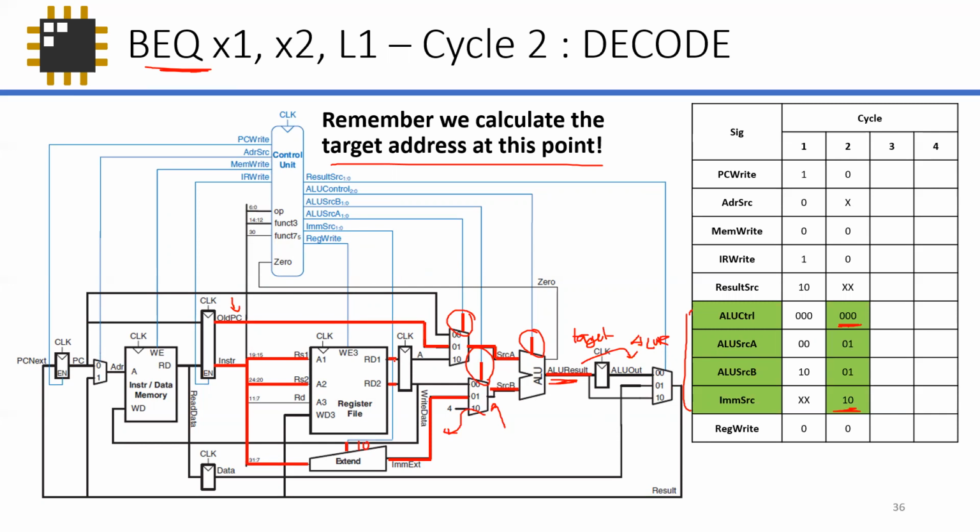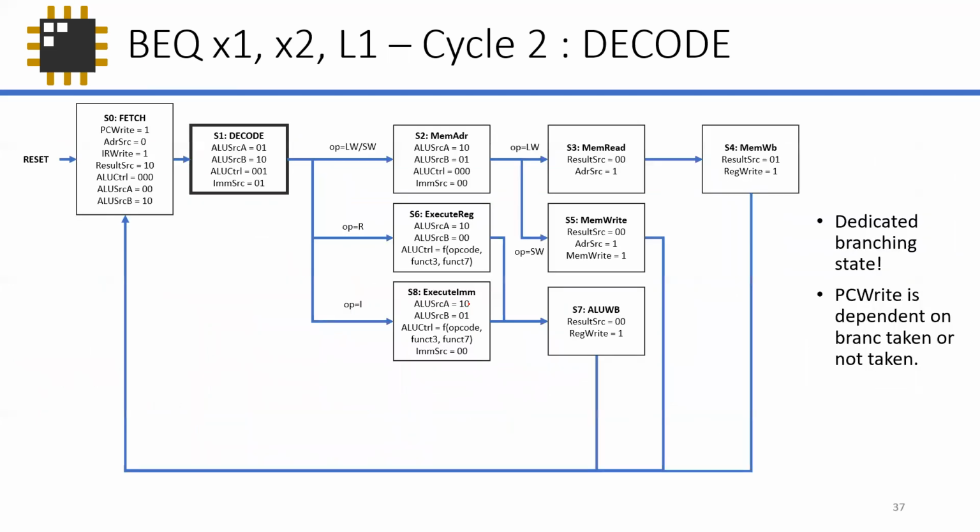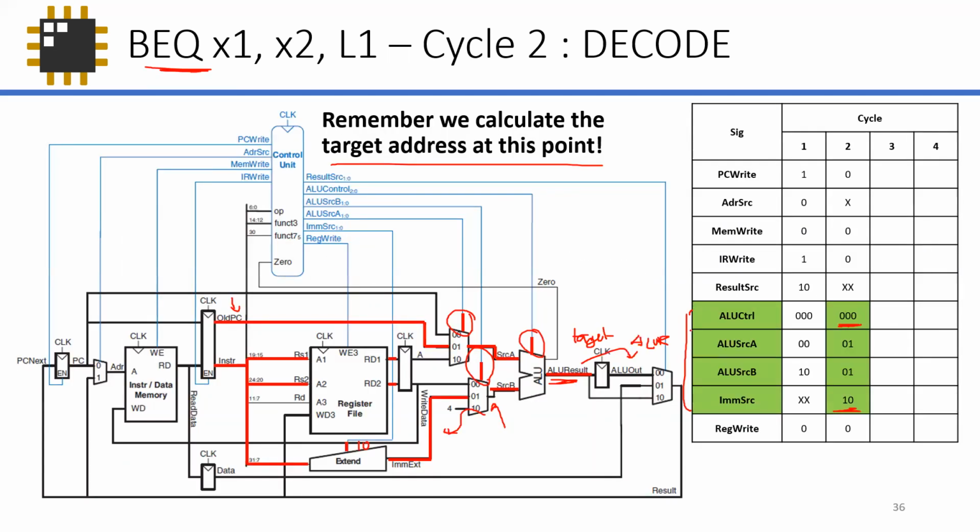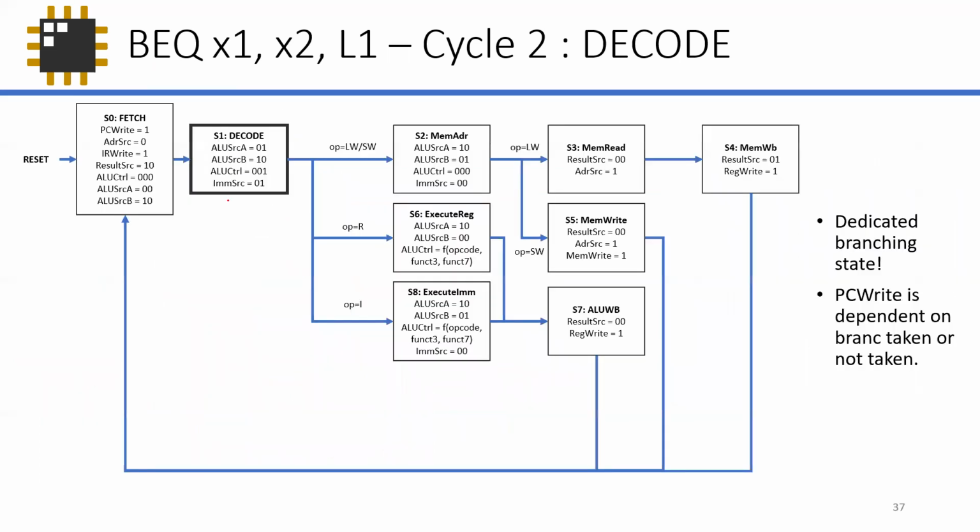So regardless of branching, and I'll explain in the next slide, you grab these signals and put them in the decode stage all the time. Whether you do load word, store word, or register or immediate type instructions, it doesn't care about the ALUR result, because in these cycles we're going to overwrite the ALUR register.